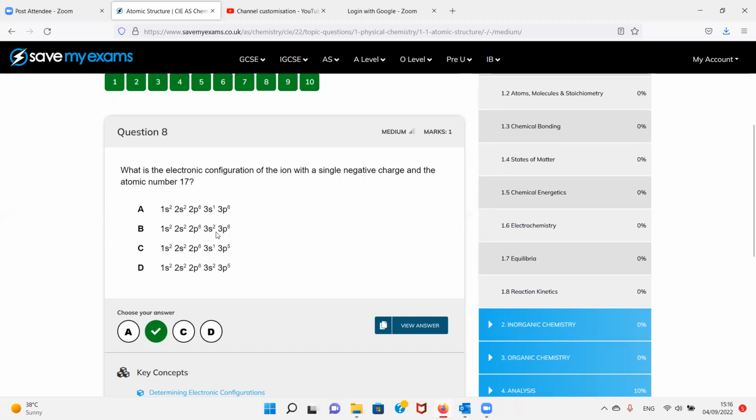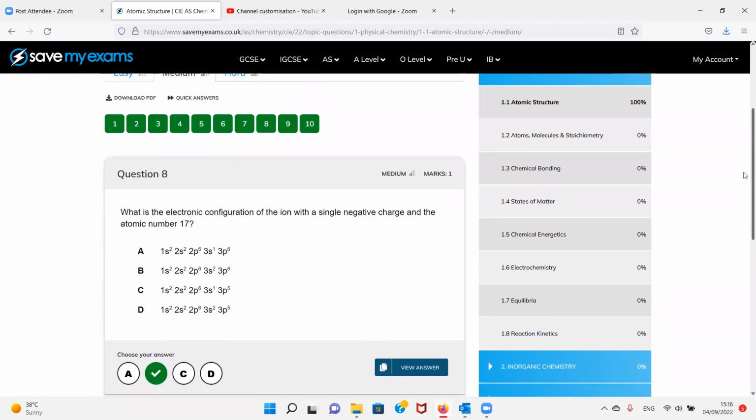So the correct answer will be B. And if you look at the number of electrons here, it will be 10 and 8, which is 18. Because here you have to add an electron because this species is negatively charged by the magnitude of 1.